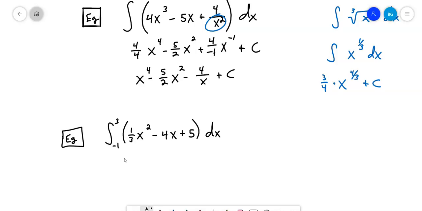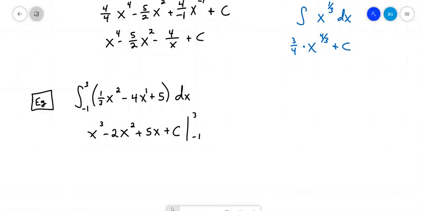Add 1 to the exponent, divide by the new, would give me x cubed, right? Because I'd have 3 over 3, they cancel. Add 1 to that exponent, which would give me x squared, divide by the new exponent, and I'll just have 4 over 2. And then I'll have 5x plus c, and we're going to evaluate that from negative 1 to 3, I suppose.